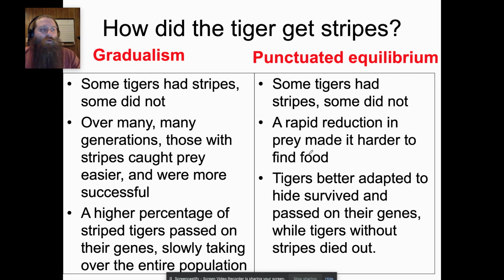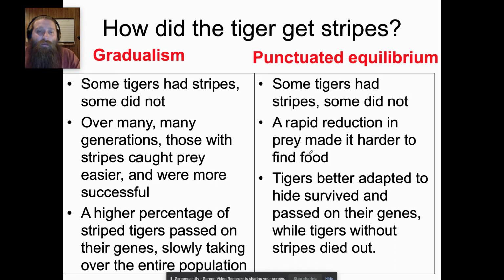Is one right? Well, no, both are plausible explanations. So either one works as an explanation, right? You have to find some piece of evidence that would support one or the other if you want to explain how the tiger got its stripes.